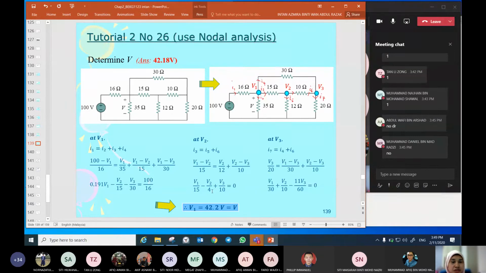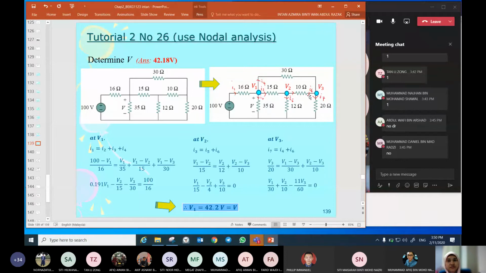Please rearrange in terms of V1 followed by V2 followed by V3 equal to a round number. If there is no voltage source at the node, it is equal to 0.